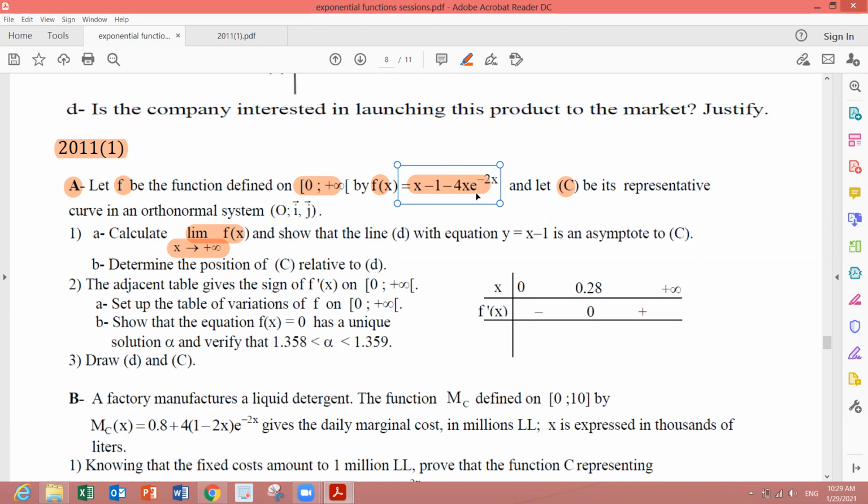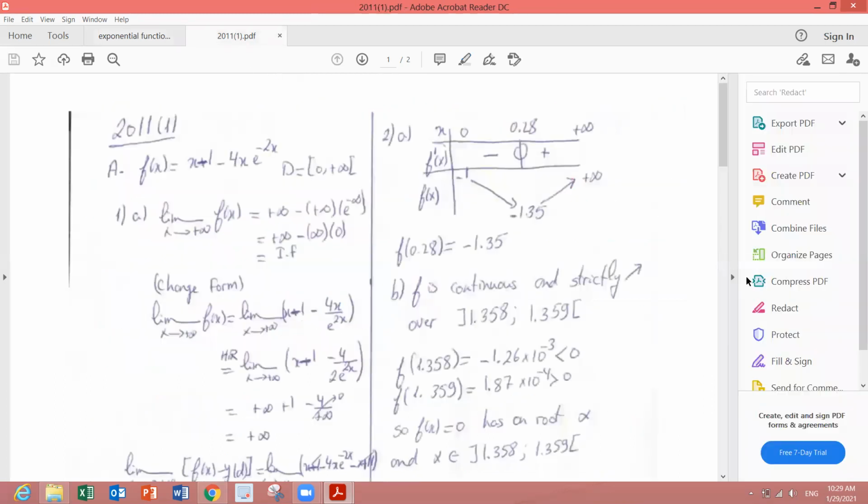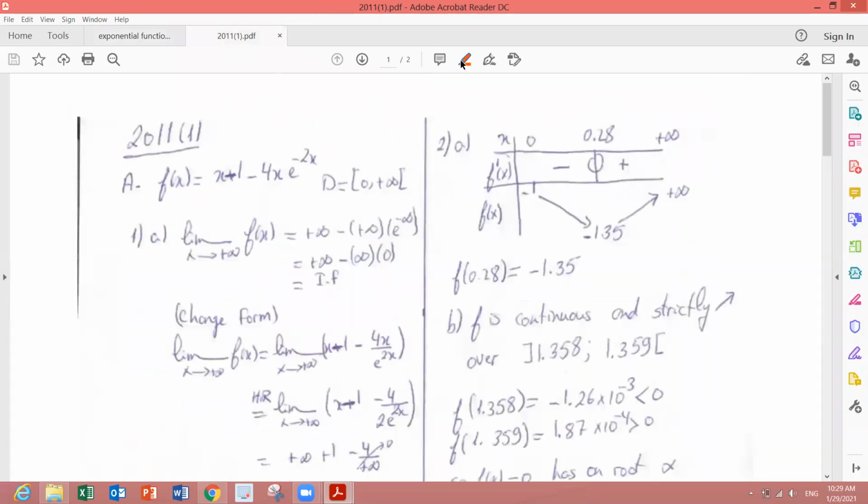اوكي طيب. Limit as x tends to infinity. بصير هيدا هون اول واحد، هيدا infinity، هيدا الاكس، وهيدا بصير infinity times 0 indeterminate. شو بنعمل جورج؟ Change the form. So limit as x tends to plus infinity of f(x).